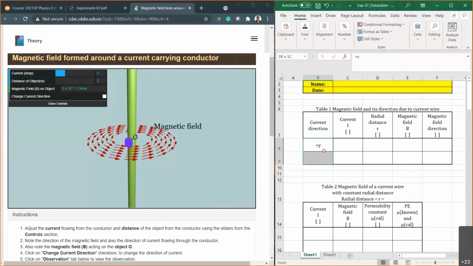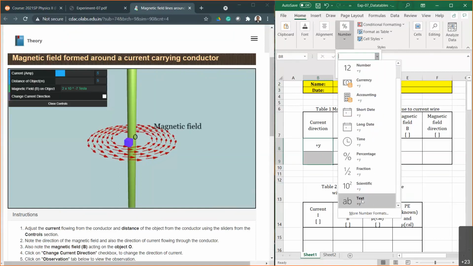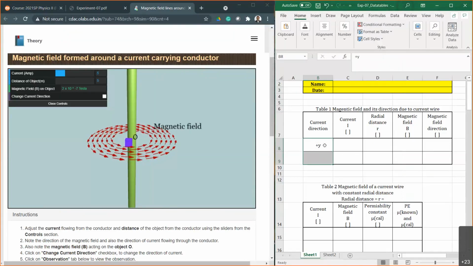Just highlight these 2 cells, B8 and B9, click on the number format in the home menu bar, and click the down arrow, at the very end you will see text, okay? Then it will identify it as a text value. Otherwise, it will try to read it as a number if you put a positive sign in front.